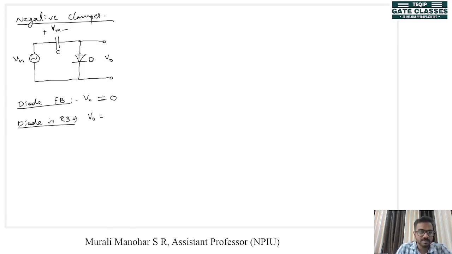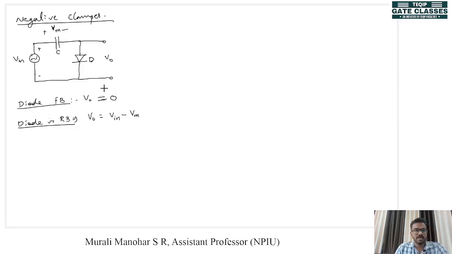When the diode is reverse biased, it is an open circuit, so there is Vout, and the value of Vout will be Vin minus Vm, right? You can apply KVL here and find out this value. Vout will be Vin minus Vm.